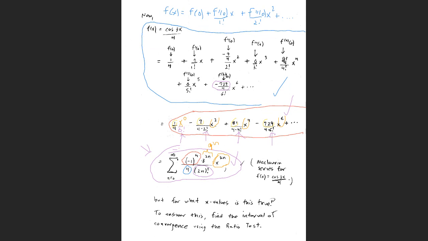But the choice in WebAssign might not have 9 to the nth. It might have 3 to the 2nth. Well, in fact, 9 to the nth power is just 3 squared to the nth power, which is just equal to 3 to the 2nth power. And so we can write 9 to the nth power as 3 to the 2nth power. And so that handles this.